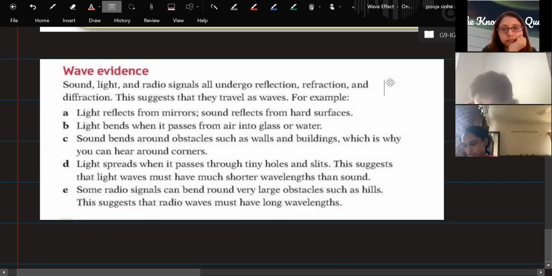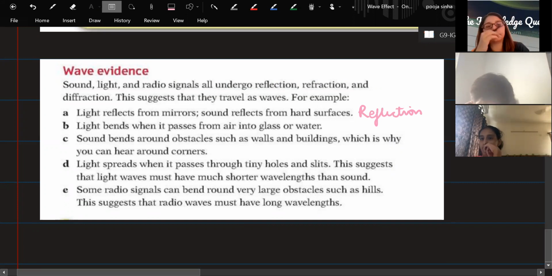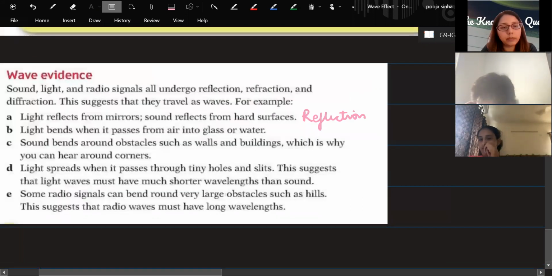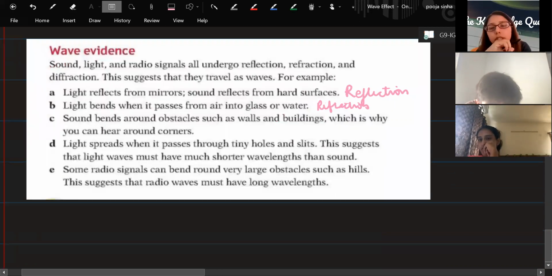First one is reflection. Okay. Second one. Refraction. Light bends as it passes. Okay. Sound bends around obstacles such as walls and buildings, which is why you can hear around the corner.